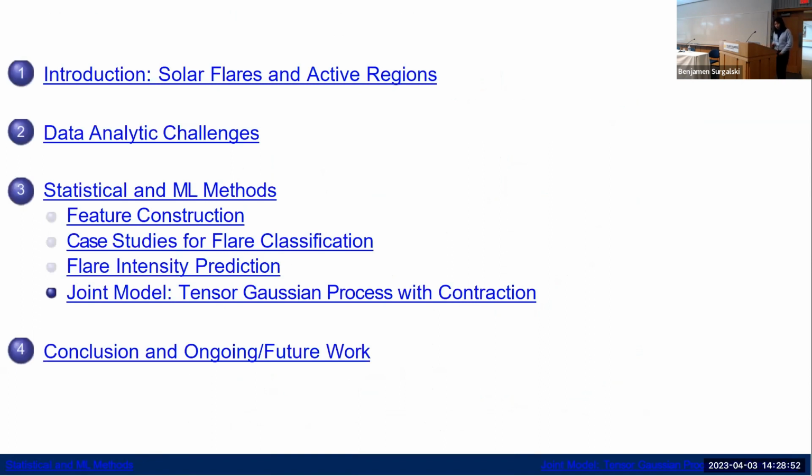And then finally, we also want to do the data analysis with the raw data instead of the processed data. Again, we want to go back to the multi-channel high dimensional images themselves and model them in the raw format. So we proposed this model called Tensor Gaussian process with contraction regression model.